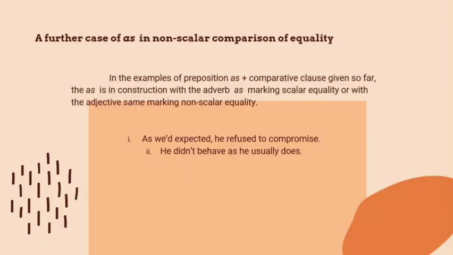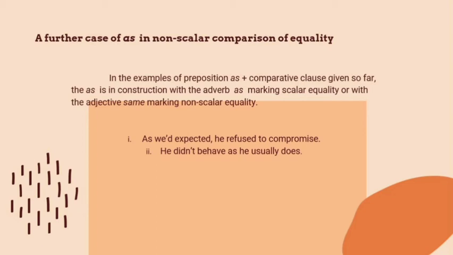Next, a further case of as in non-scalar comparison of equality. In the examples of preposition as plus comparative clause given so far, the as is in construction with the adverb as marking scalar equality, or with the adjective same marking non-scalar equality.